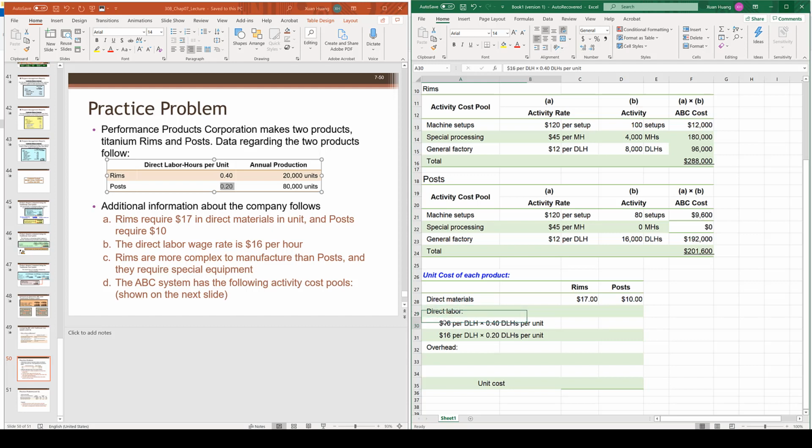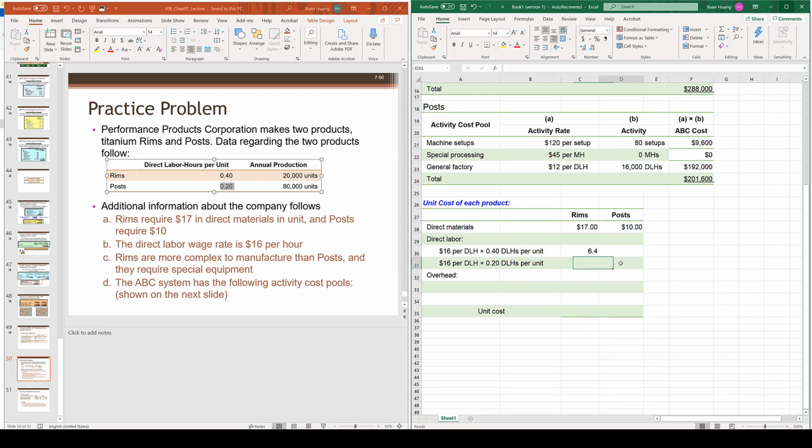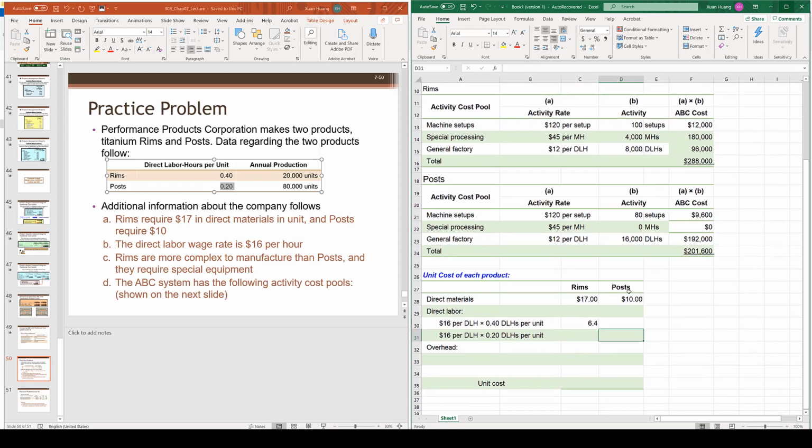For rims, we use $16 multiplied by 0.4, and for posts, we use 16 multiplied by 0.2. And we can calculate the unit direct labor cost for each product. Okay, so now for overhead cost.